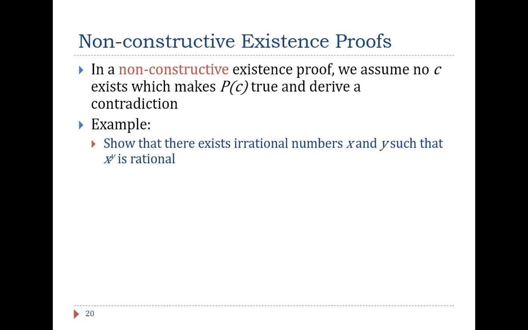I think yes, finding one instance is good. It's a sufficient proof, you proved it. But sometimes it's very hard to find that instance, that example.